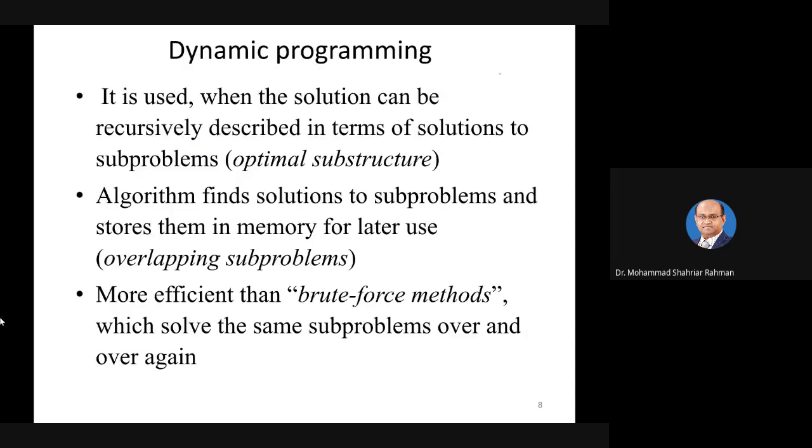All right, so we have two terminologies here. One is optimal substructure property. Right? When the solution can be recursively described in terms of solutions to subproblems, we have a solution S, and this S is mainly built from S1, S2, for example.